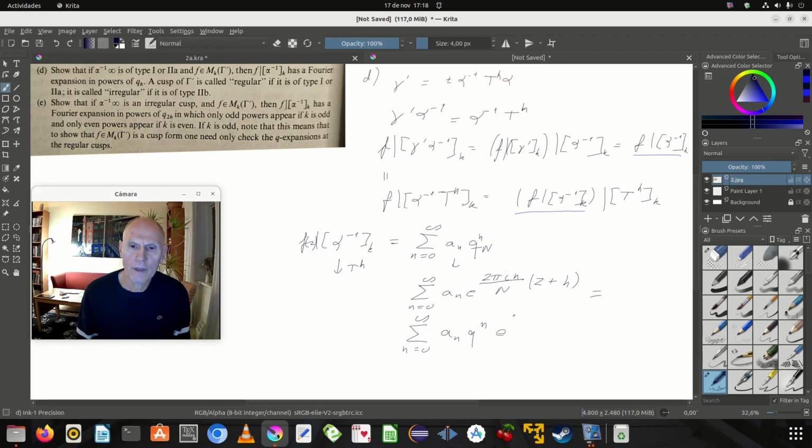But we have this factor, which must be equal to unity for this equality to hold.